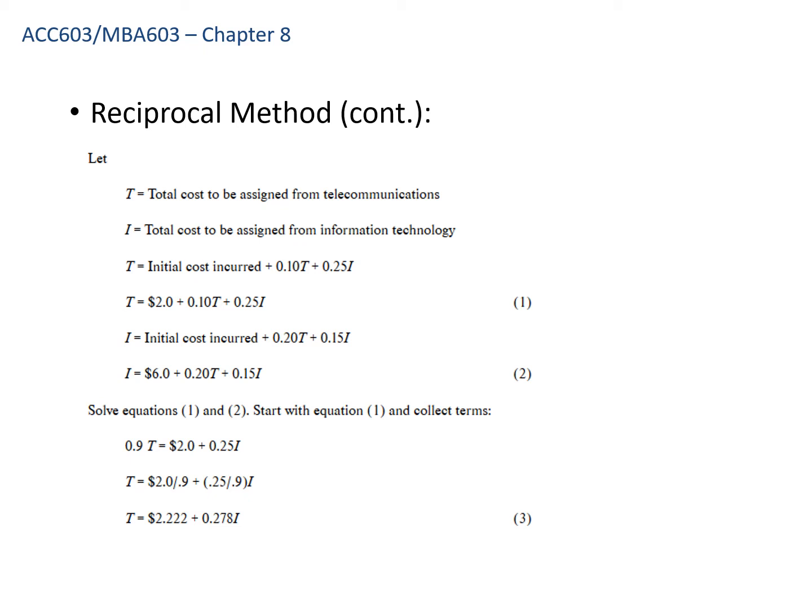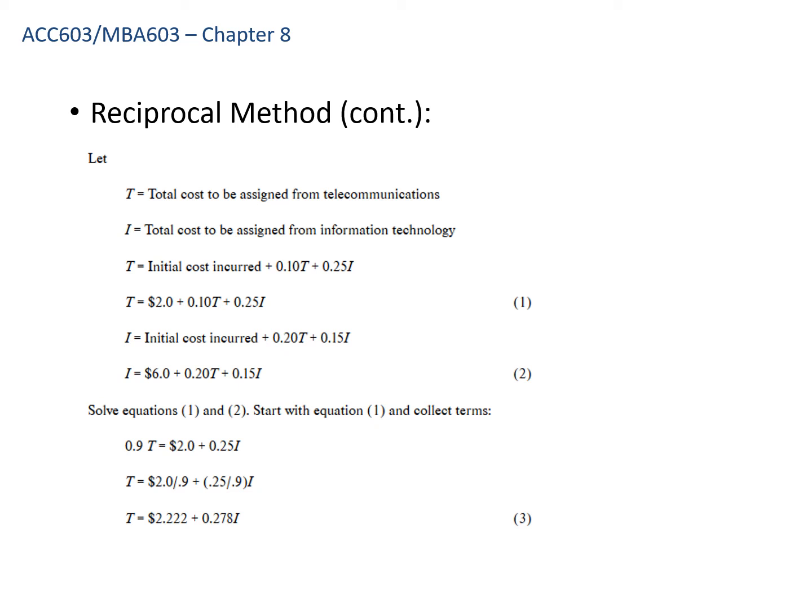So I can do the same thing for information technology. I equals the initial cost incurred plus 0.2 of T plus 0.15 of I. And I can insert that 6 million for I to get the equation that you see here. So now I've got 2 equations. I got the equation for T that contains the variable T and the variable I, and I've got the equation for I, which includes the variables T and I. So now I can solve those simultaneously.